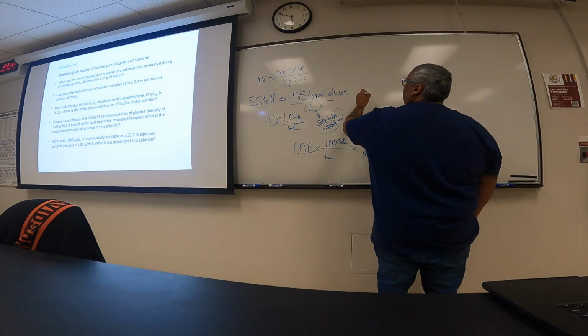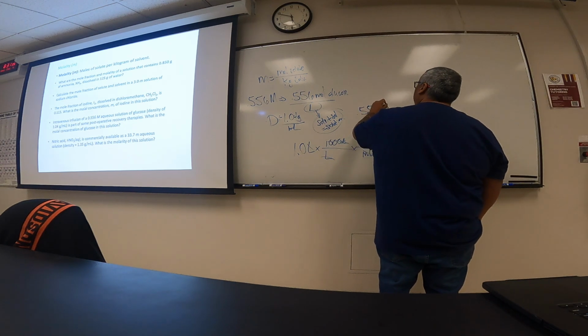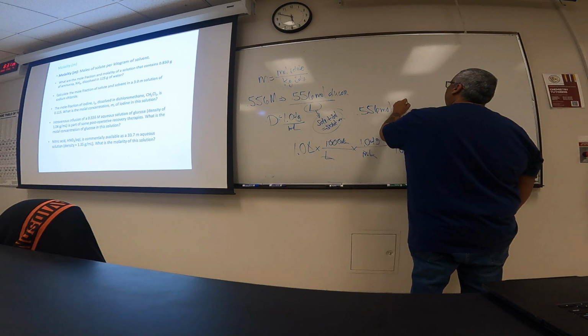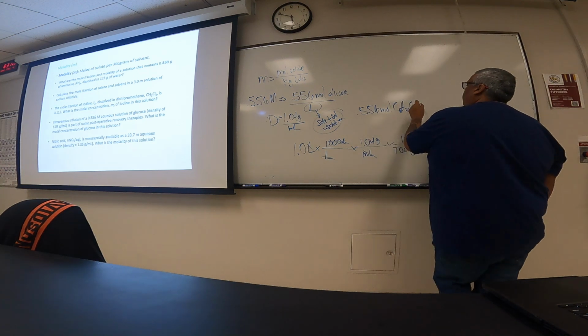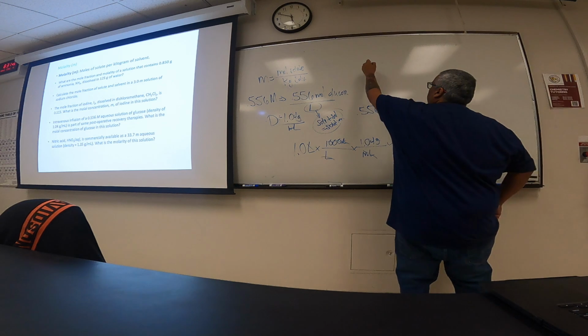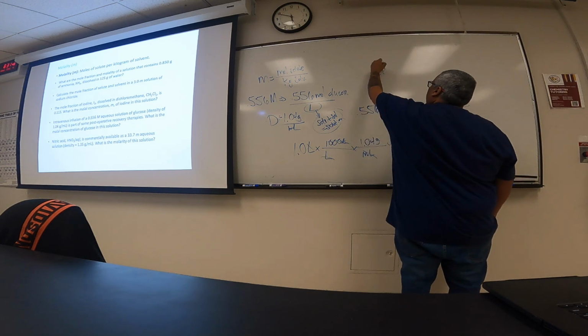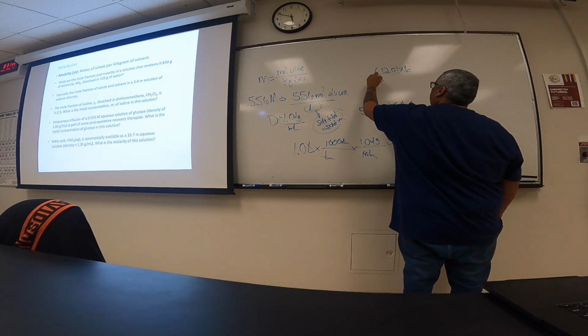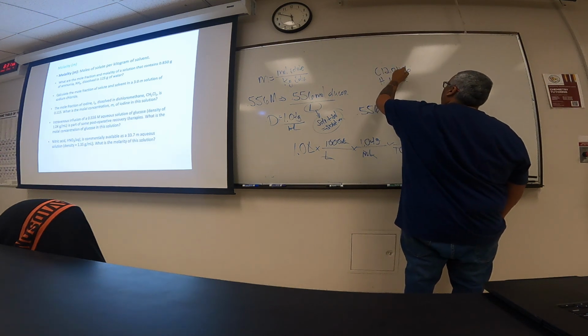So we're going to take 0.556 moles of glucose. Glucose is C6H12O6. So let's determine its molar mass. For carbon, we have 12.01 times 6. For hydrogen, 1.01 times 12.